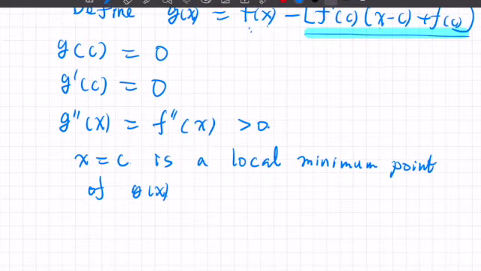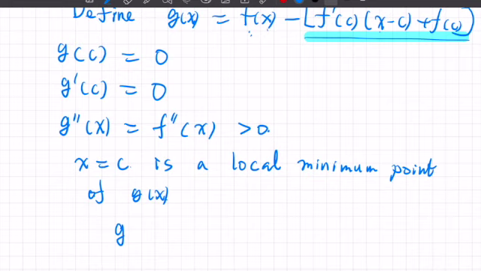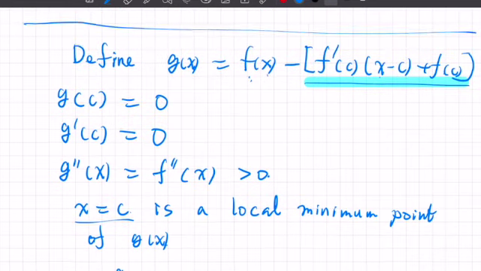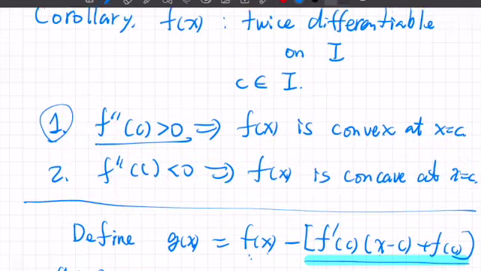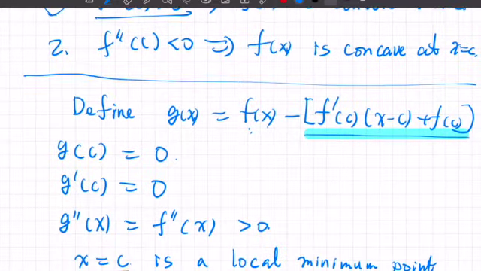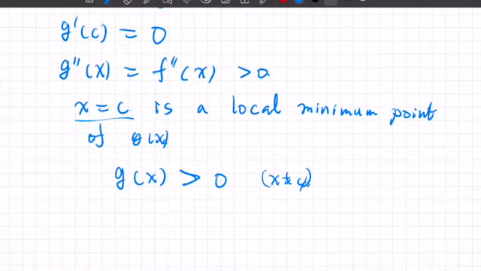And also at this x equal to c, g of c takes the value of 0, so that means g of x is greater than or equal to 0. Actually it's greater than 0 if x is not equal to c. So that proves this. So this is always greater than 0.